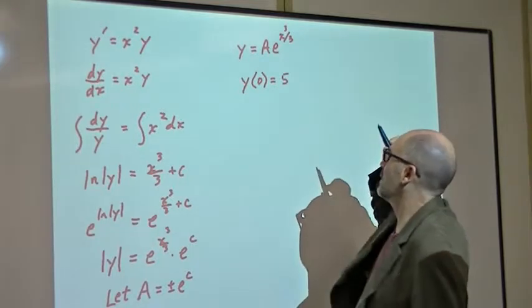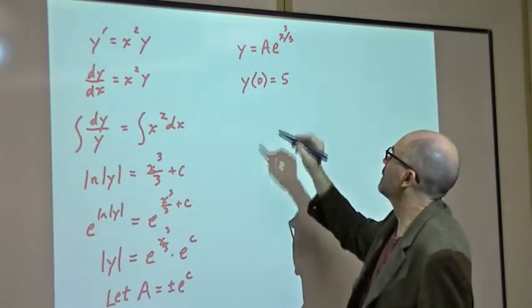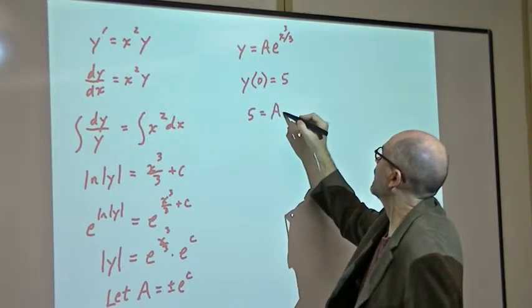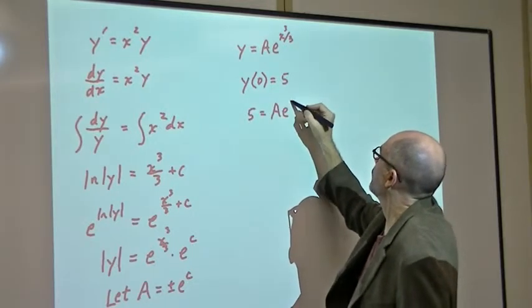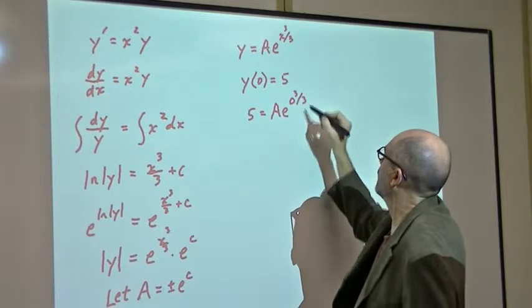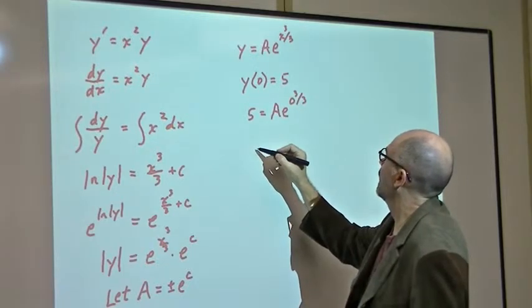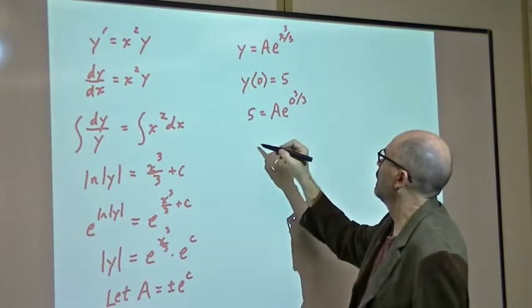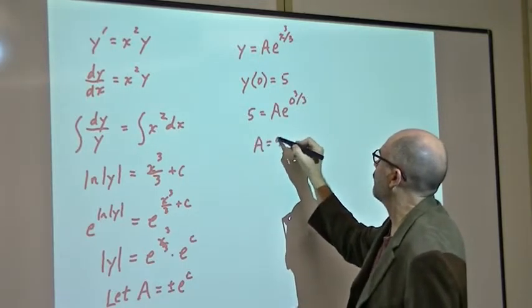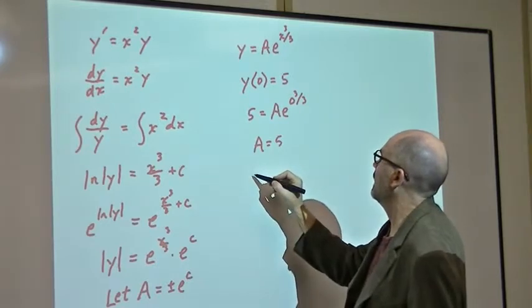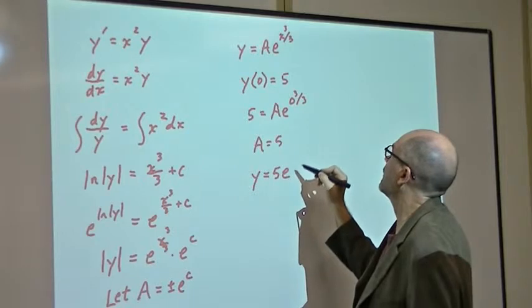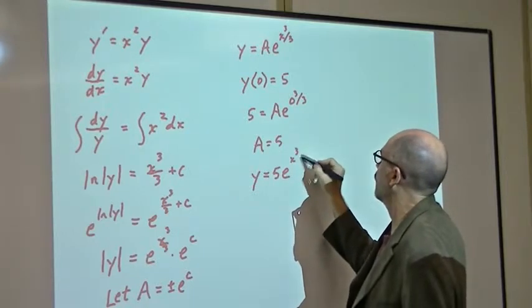So that means when x is 0, y is 5. So 5 equals a e to the 0 cubed over 3, which means a e to the 0, well, that's just a times 1, so that tells you a equals 5.